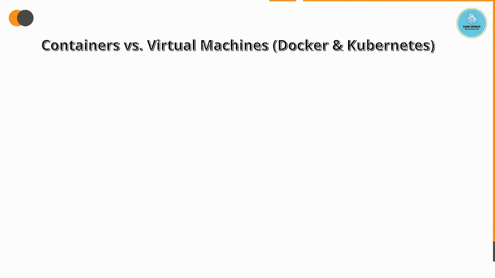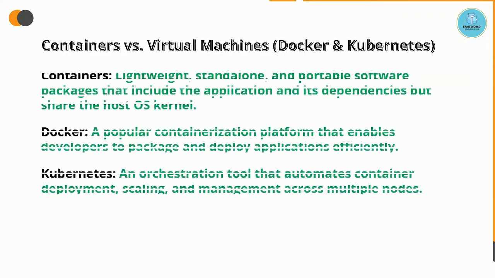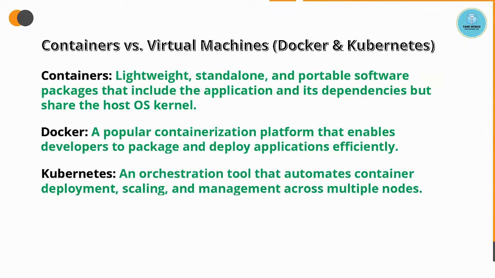Then when we talk about containers versus virtual machines, there comes the concept of Docker and Kubernetes. Although I'm not discussing Kubernetes or Docker in detail here, I will be using them as examples. Containers are lightweight, standalone, and portable software packages that include the application and its dependencies but share the host kernel.